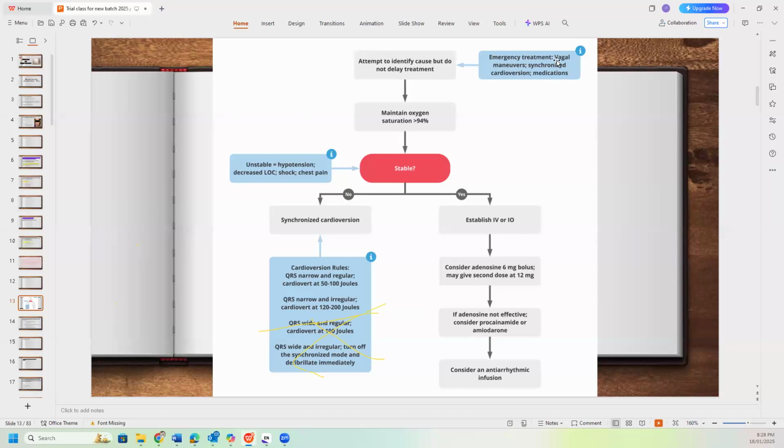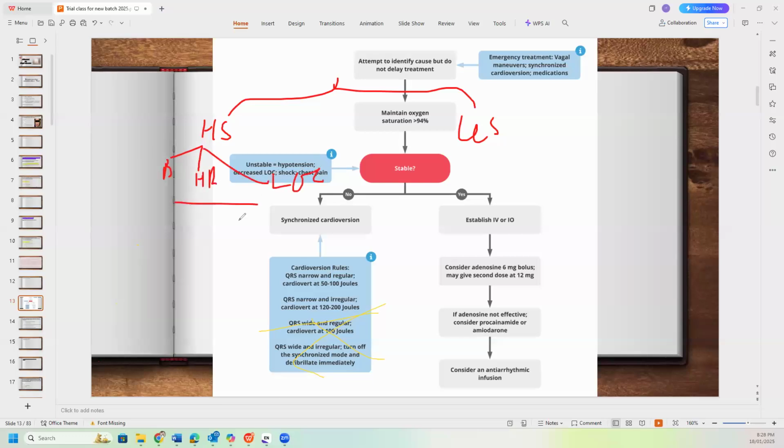Alrighty. There are different things that I want you to remember as well. Whenever we are treating any tachycardias, we are concerned about hemodynamic stability or instability. Hemodynamic stability depends on your blood pressure, your heart rate, and your level of consciousness. If all these are stable, then you can do vagal maneuvers. If your blood pressure is not okay, or if the child has altered level of consciousness, it's a sign that you need to give them shock.